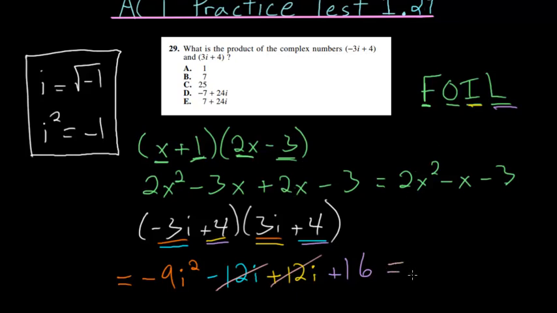And usually when writing complex numbers, you'll write the part without i first. So I'll write the 16 first, so positive 16, and then we have minus 9i squared. Now remember that i squared is just negative 1, so we can make that substitution here, since we know that to be true, that i squared is equal to negative 1.